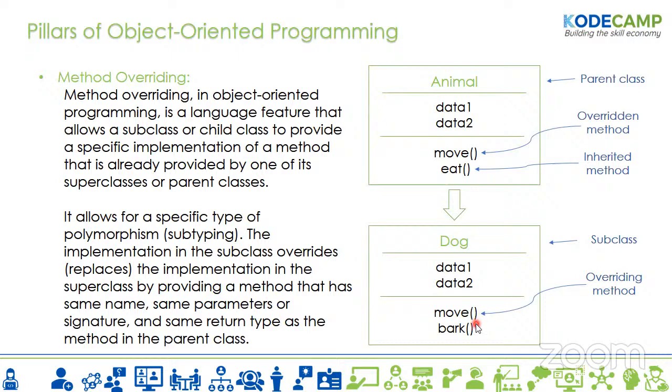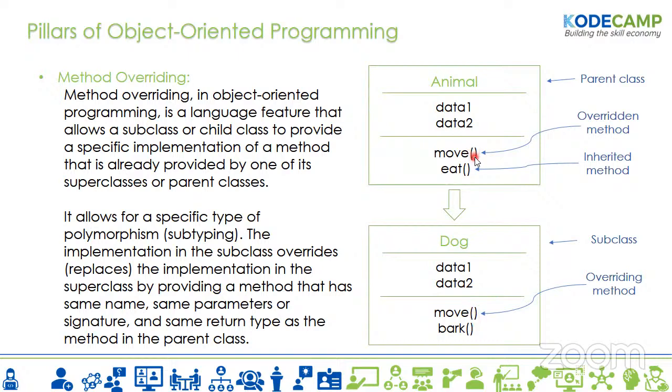By signature, we're referring to what kind of parameters are provided in this method. If this method here has X, Y, and Z parameters, then you need to match it here by saying also the same X, Y, and Z. If, for instance, here has only X, then here it also needs to have only X.